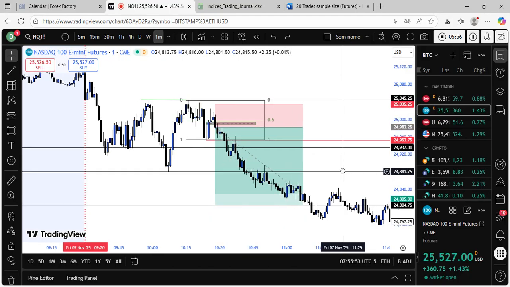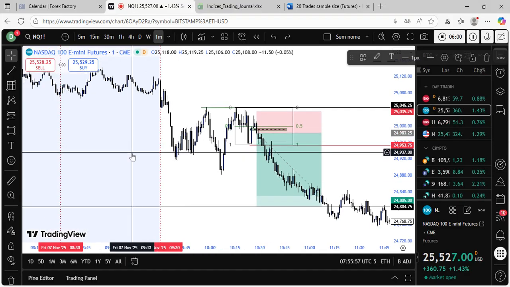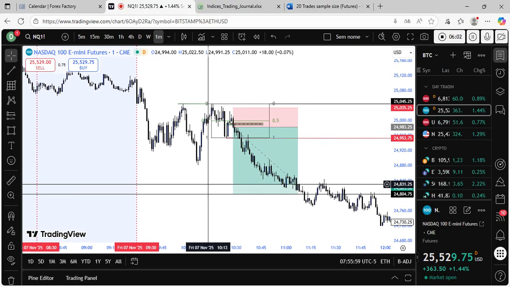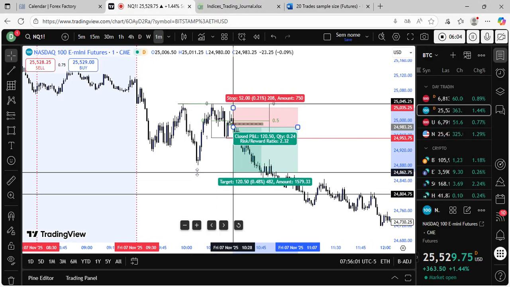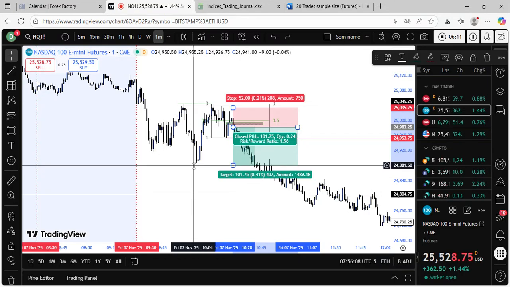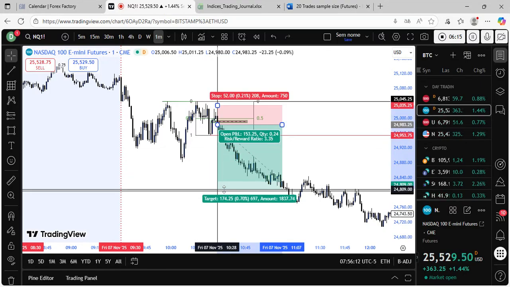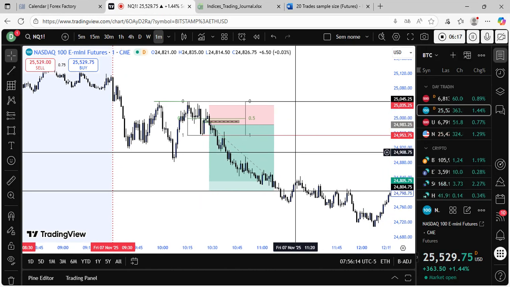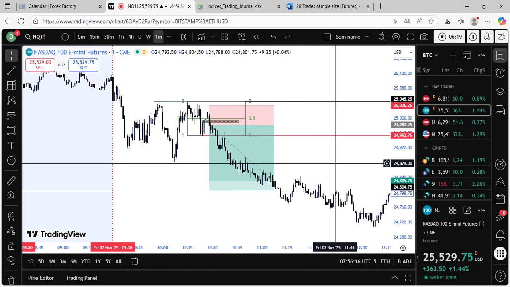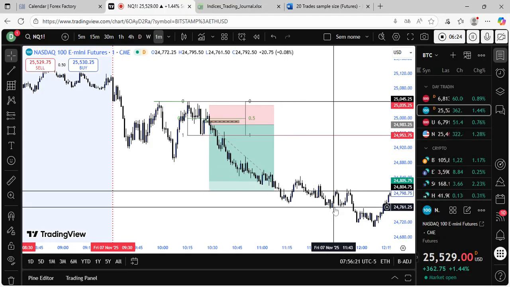Oh, actually, we had already taken out these 4-hour lows, so they were no longer valid. We would probably just take full take profit right here, because these were a little far away. But if we didn't, look at this 3.4 risk to reward ratio. Although it took quite some time, it's a crazy trade.